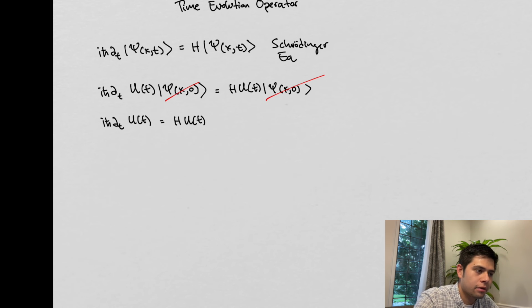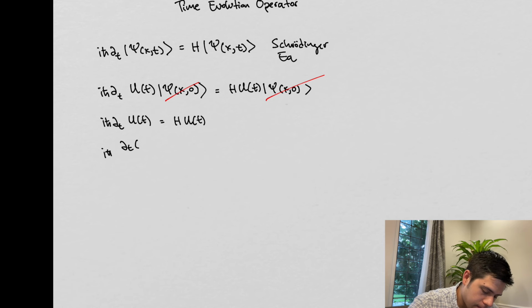Okay, and this is a differential equation. Right, this differential equation can be written like this, where we have the time derivative of u of t divided by u of t equals h.